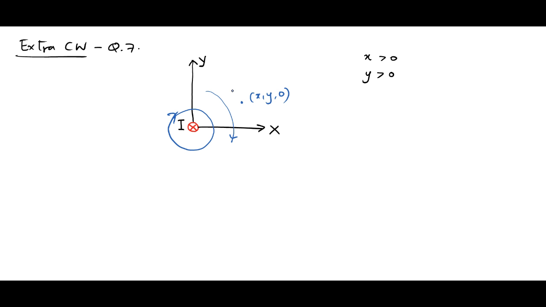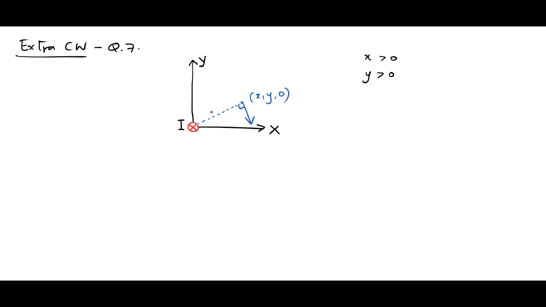So the field line passing through that particular point would go around like this. What that really means is if you draw a line segment from the origin to that point, then the field would be perpendicular to that line segment like that. That's of course because of the tangent radius perpendicularity property.